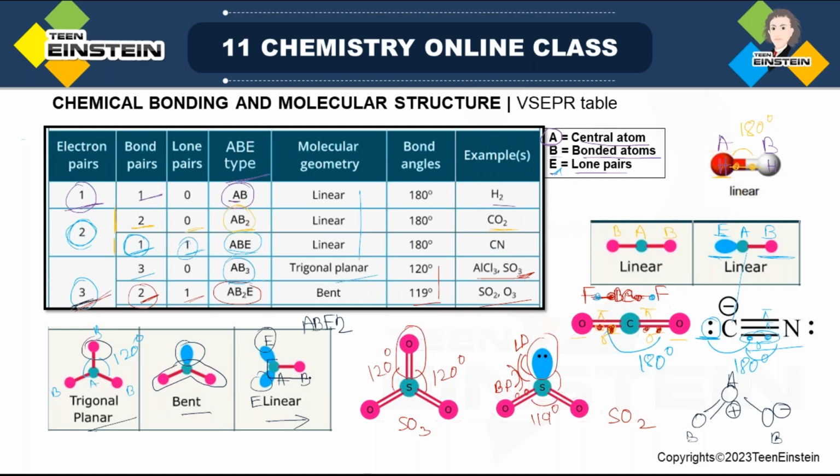Without this E, if you focus on this part, it is just like linear, as we have seen in the first examples. So under trigonal planar, if all the positions have atoms, maximum 3 positions, it will be trigonal planar. But as the number of atoms decreases, omitting the lone pair, the remaining shape will be bent or linear. Right?